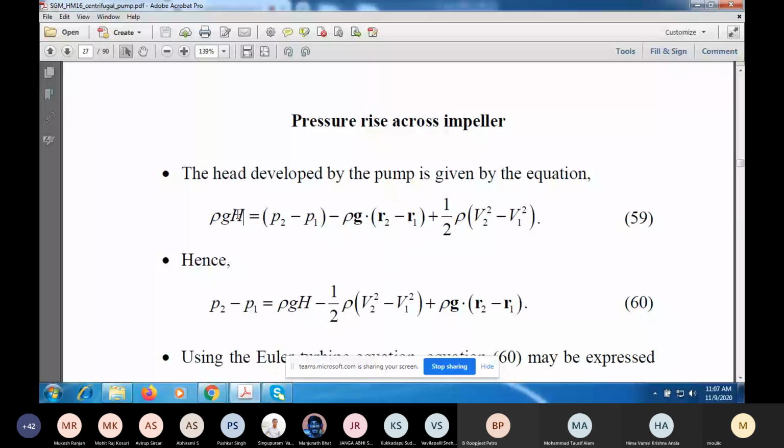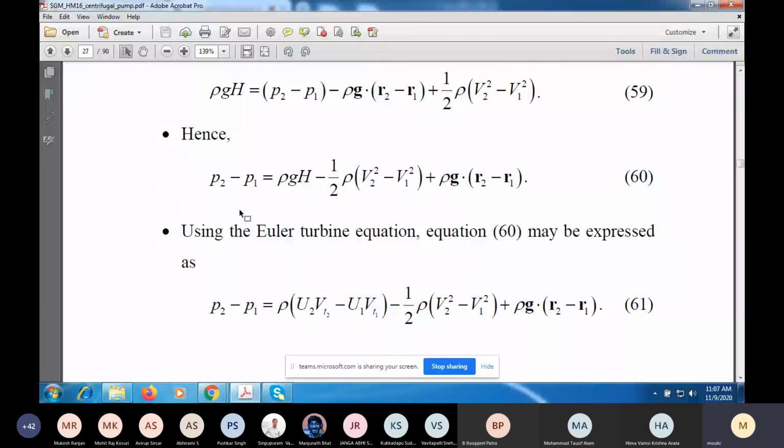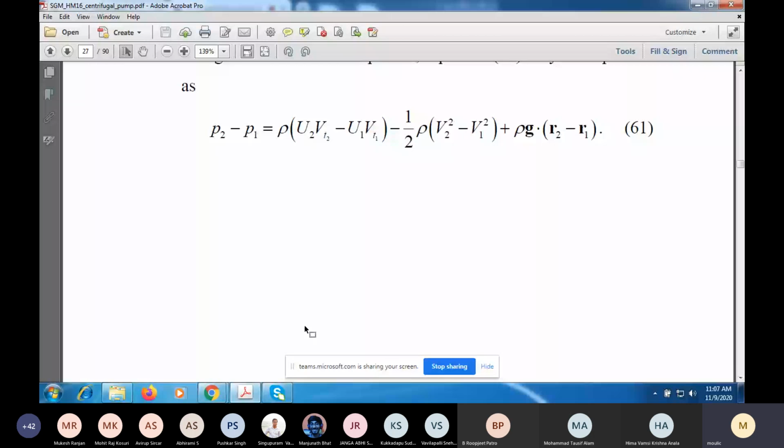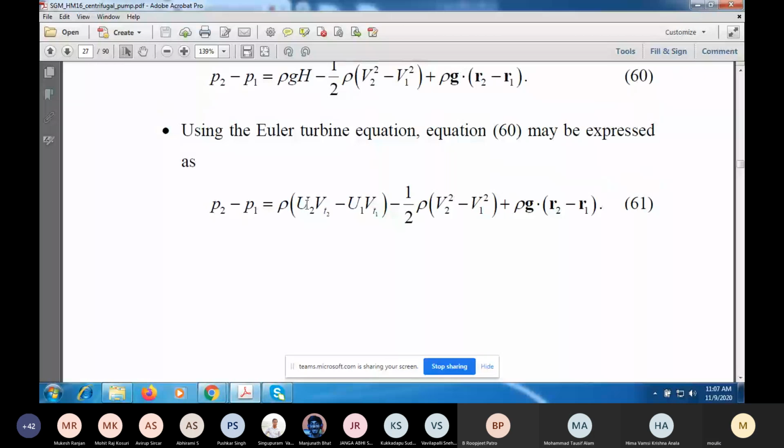So from this relation you can estimate the pressure rise by moving the other terms of equation 5.59 to the other side of the equation, and instead of H I can put this difference divided by g. So using the velocity triangles and assuming one-dimensional flow, you can find out V theta2 and V theta1, and then you can estimate the pressure rise across the impeller through this.